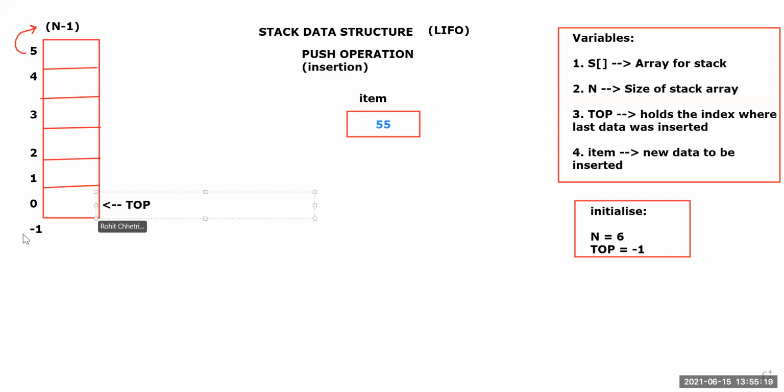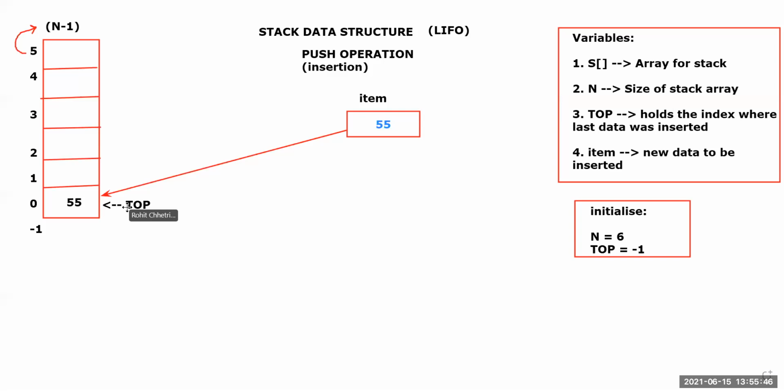That means from -1 to 0. And then from item, I will copy the data element to my S top. So over here, I will insert 55. All right. So I just copied 55 over here.